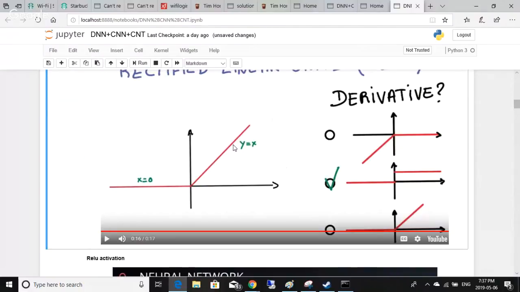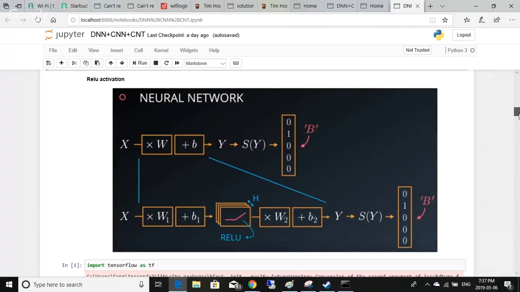This is a property of ReLU essentially. When x is positive, y equals x, otherwise y is 0. So the derivative is like that, right? Constant over here, 0 here. And it's an example of ReLU activation.